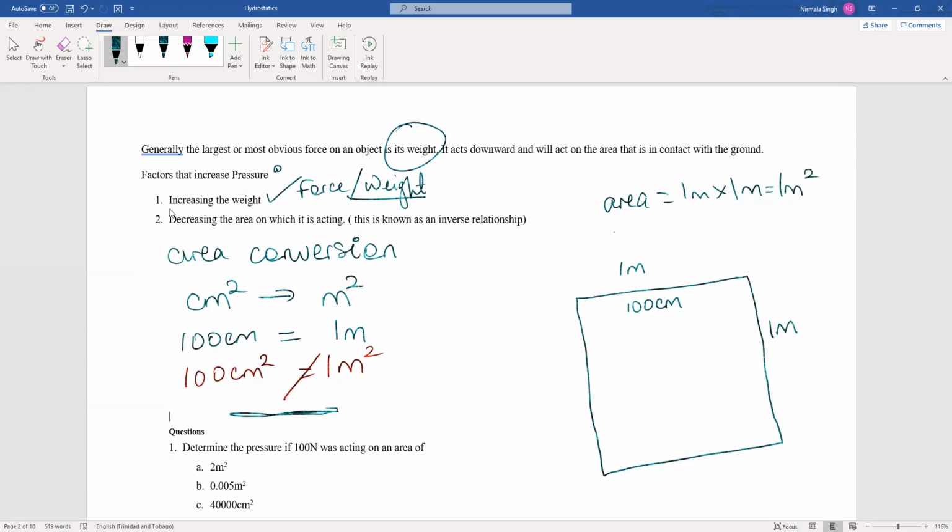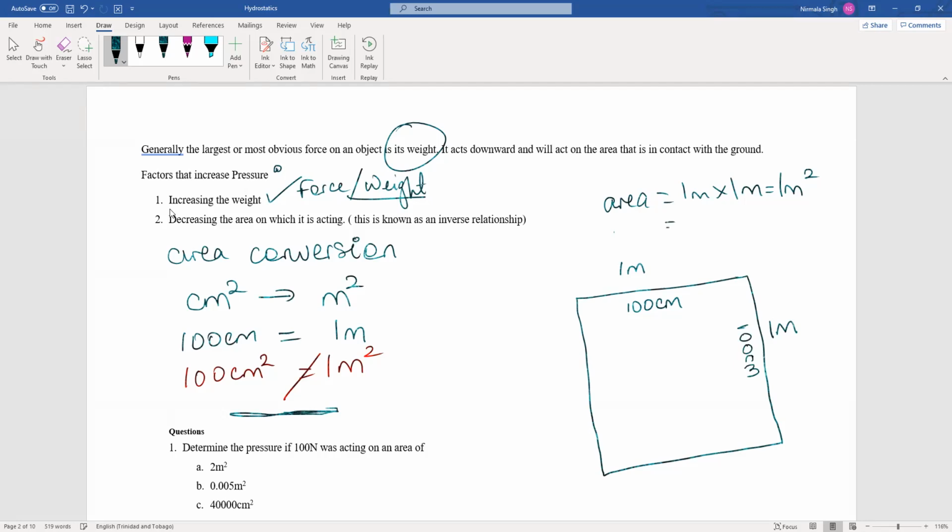So the area would be 1 meter by 1 meter to give me 1 by 1 is 1 meter squared. Now I want to work out the area of this square using centimeters. So let's just convert it. 1 meter is equal to 100 centimeters, and 1 meter here will also be equal to 100 centimeters. So let's get our area.